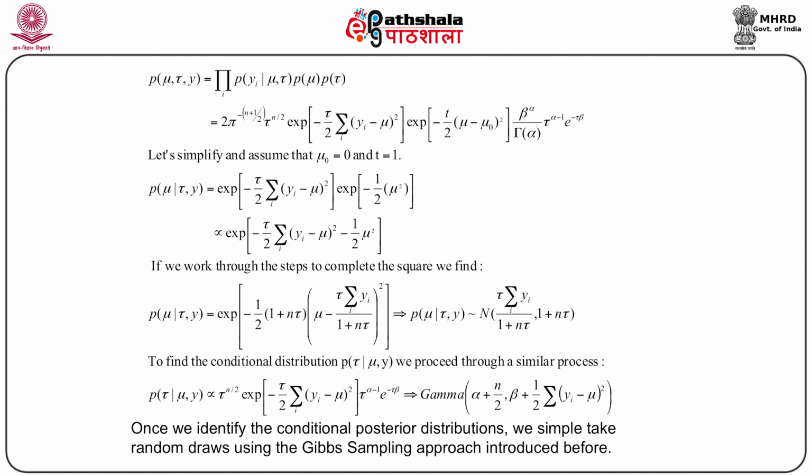So you will get that the conditional distribution of mu given tau and y is normal, and the conditional distribution of tau given mu and y is the gamma distribution. Once we identify the conditional posterior distributions, we simply take random draws using the Gibbs sampling approach introduced before.